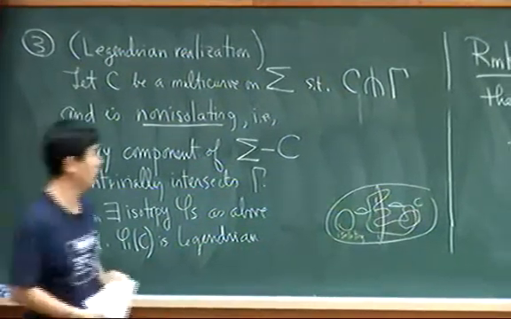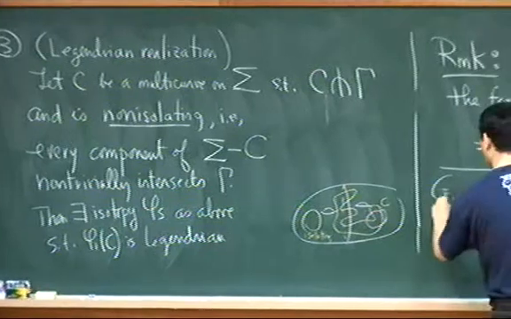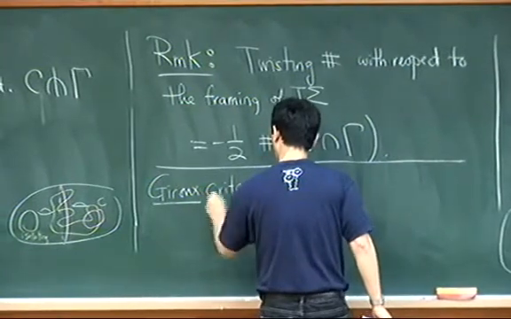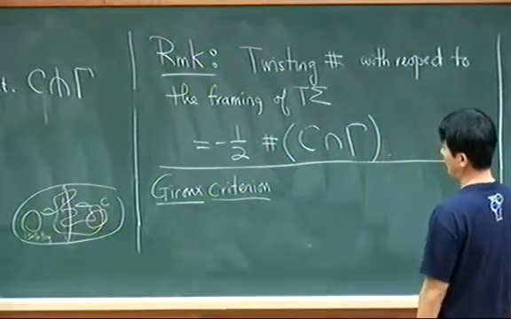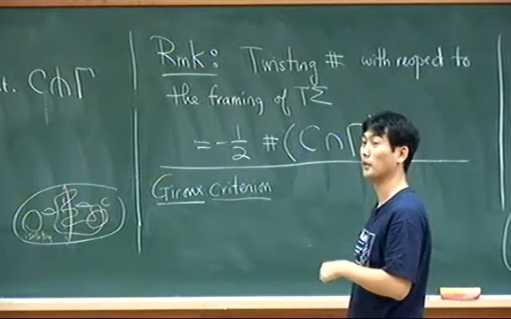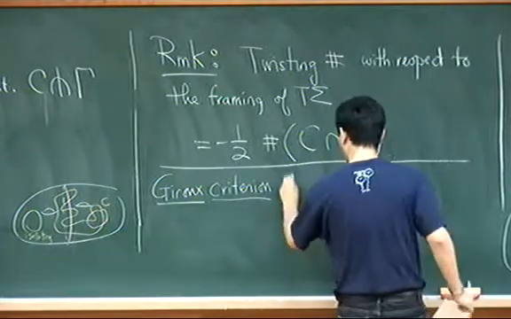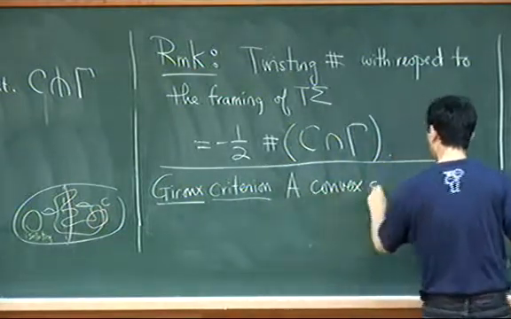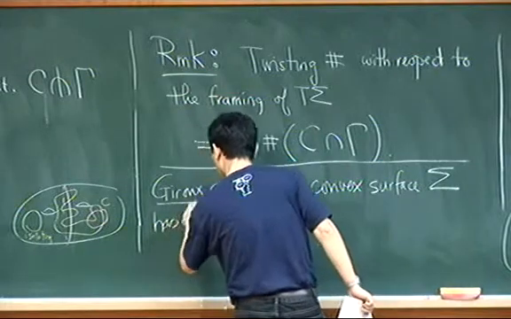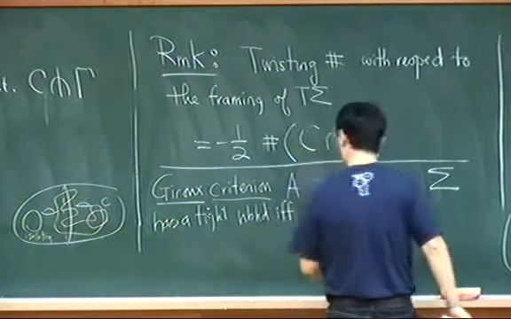Okay, so let me close with one last fact, which is called the Giroux criterion. This basically tells you, if you're given a convex surface, how do you determine if its neighborhood is tight or not. So a convex surface sigma has a tight neighborhood if and only if one of two things happens.